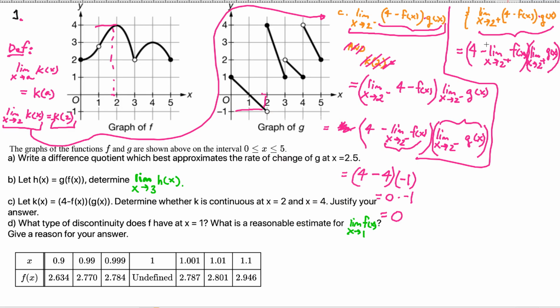Now let's check out the right-hand limit. As I get closer and closer to 2 from the right of f of x, I need to investigate this one, and it is going to be, well, again, 4. So it's 4 minus 4.